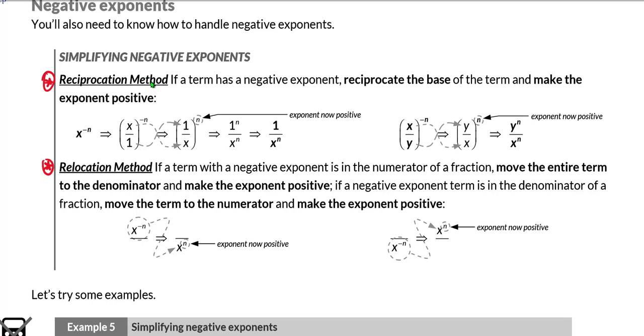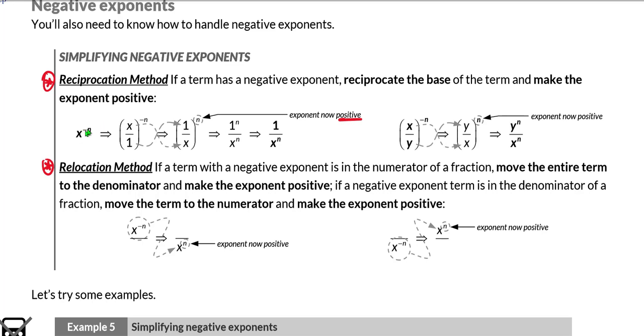The reciprocation method. So basically in the reciprocation method, we are imagining that the negative sign on the exponent means reciprocate the base. So a term like x to the negative n, we can rewrite the base x as x over 1. And then again, that negative would mean reciprocate that base. So the x would go to the denominator, the 1 would go to the numerator, and the exponent would become positive.